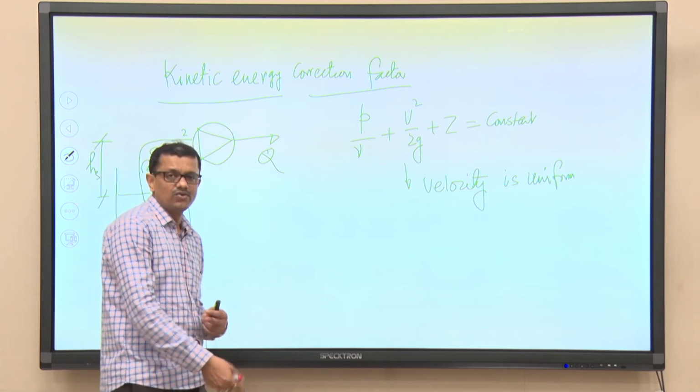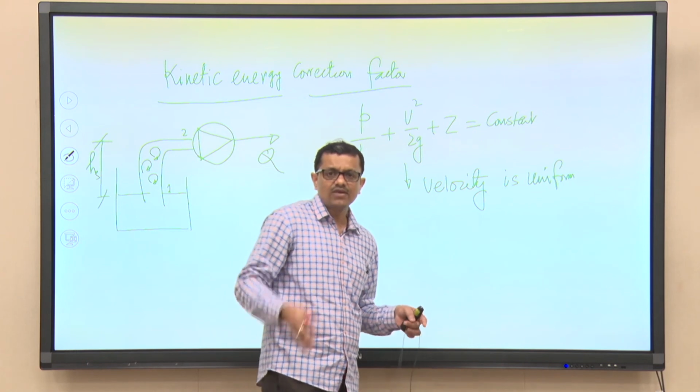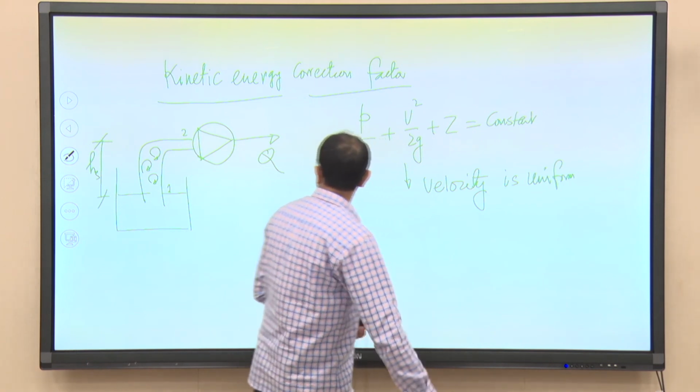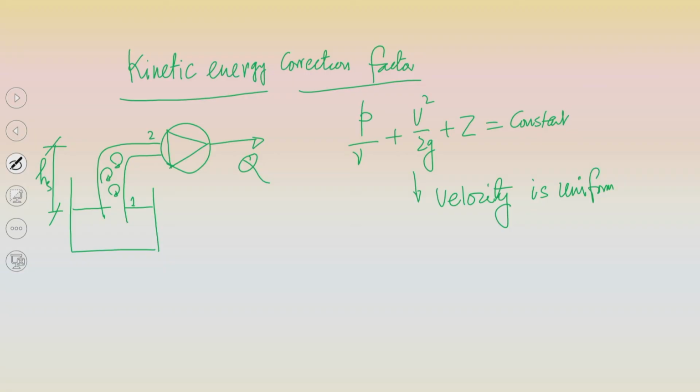So, what we need to do, whenever the designer designs the pump? Again, what is the driving force to have a flow of liquid between point 1 and point 2?